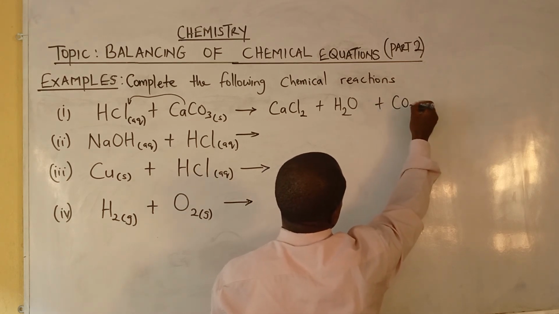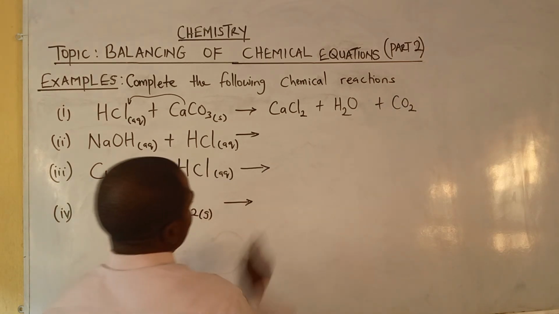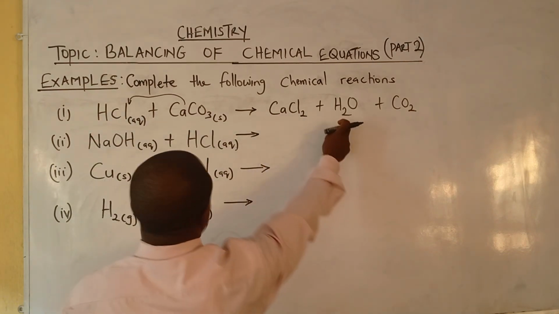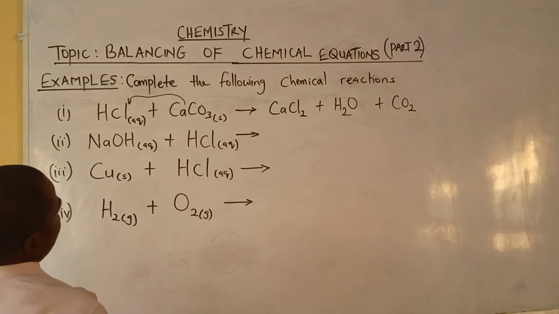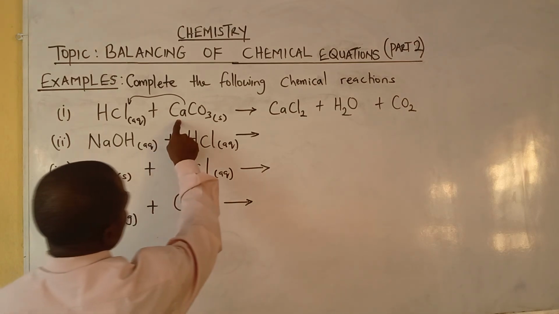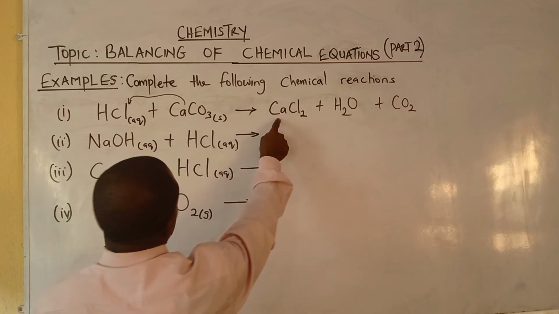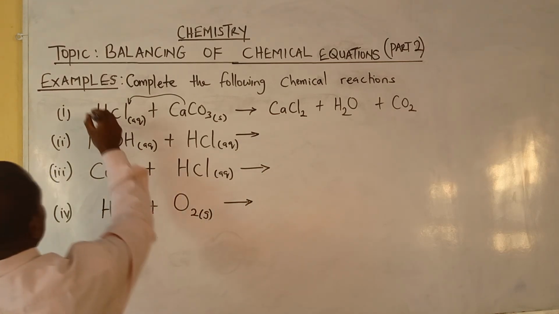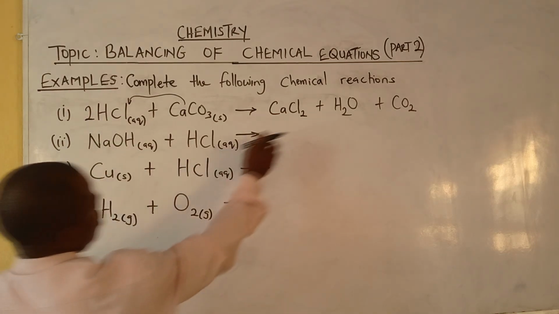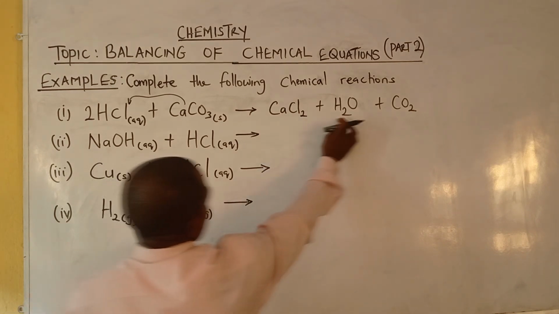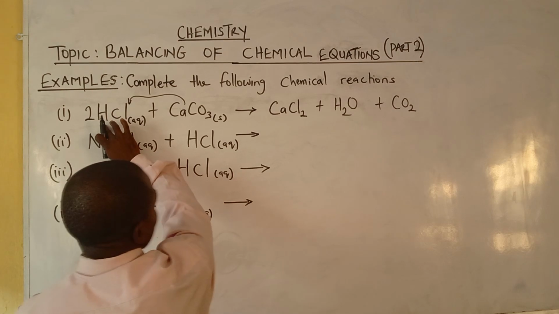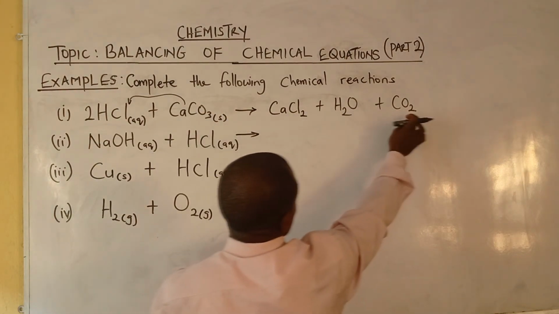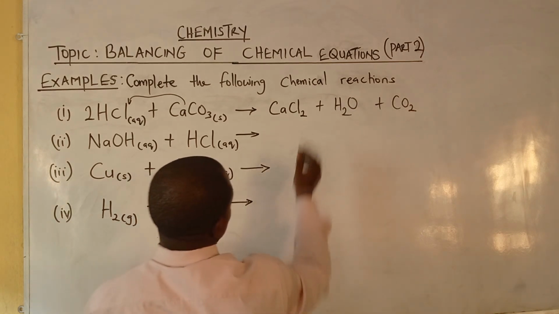But in the course of forming this product, we have added another hydrogen here, which we need to balance. Okay, we have 1 calcium, 2 chlorine, 2 hydrogen, 1 carbon, 3 oxygen, 2 plus 1, that's 3 oxygen.